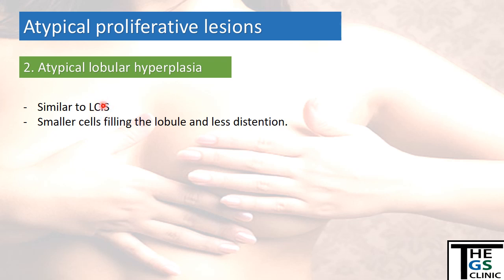Here we have the same thing, that the only way to differentiate between them is that lobular carcinoma in situ will cause distension to the wall of the lobule. Otherwise, the atypical lobular hyperplasia will not cause distension or even very minimal distension.